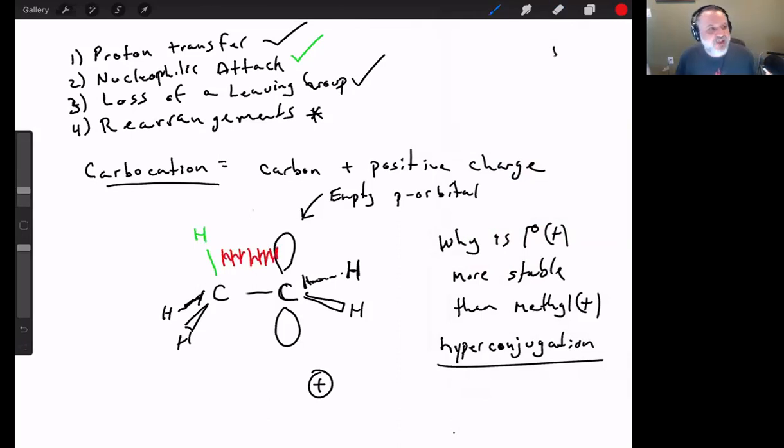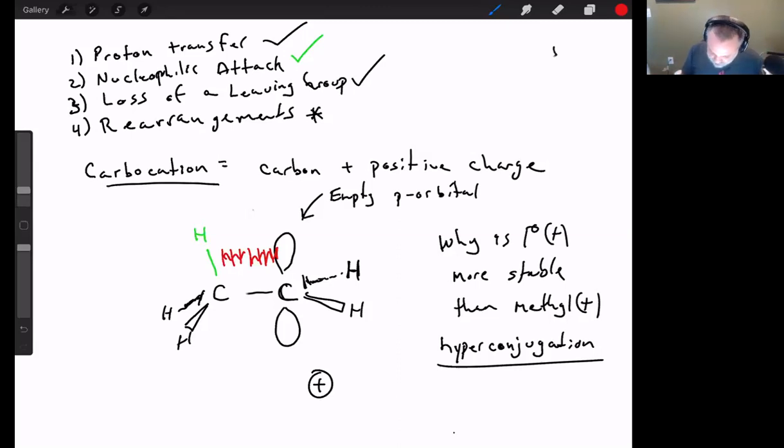So if I have a cation and somehow that cation is able to get a little bit of electron density, then that little bit of electron density goes to stabilize that empty p orbital more than in the situation where there's a methyl group and there is no ability to stabilize that positive charge by adding electron density.